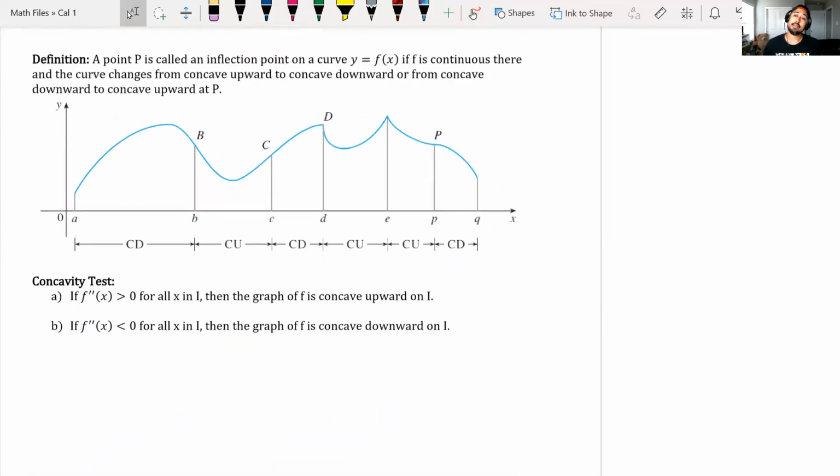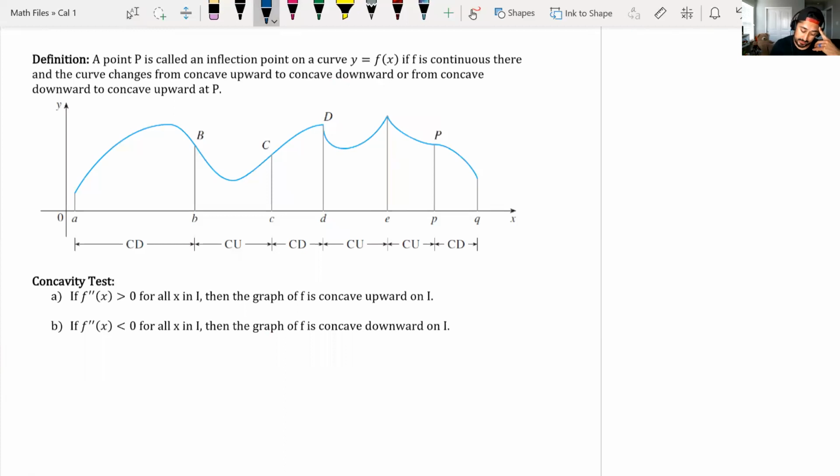All right. Now the other definition is inflection points. And an inflection point comes from the second derivative. But in order to be an actual inflection point, concavity must change. You must go from concave down to concave up, or you must go from concave up to concave down, as shown in the examples here.